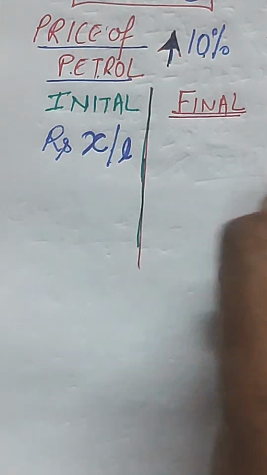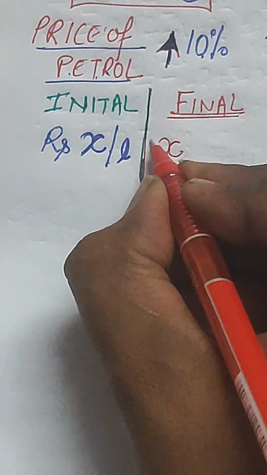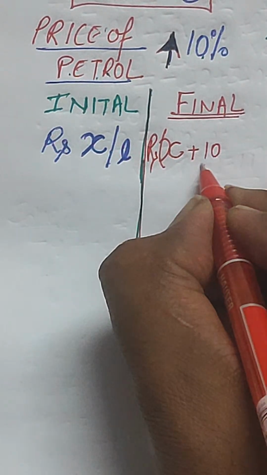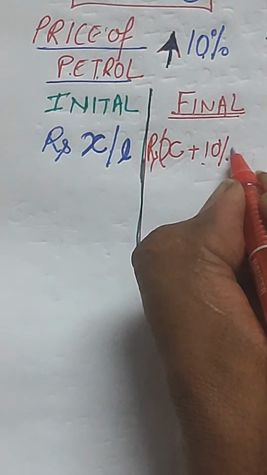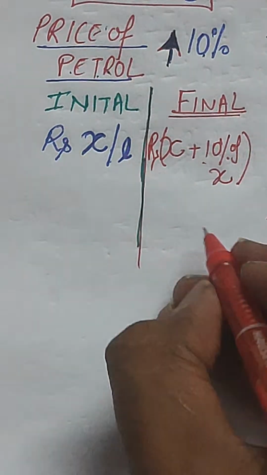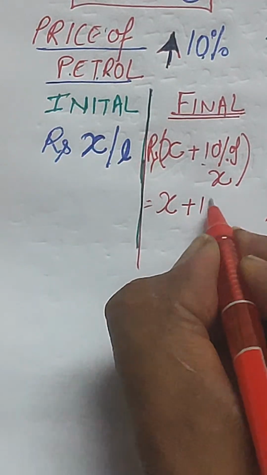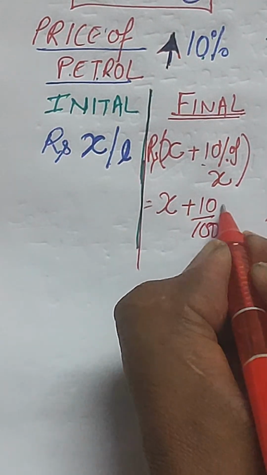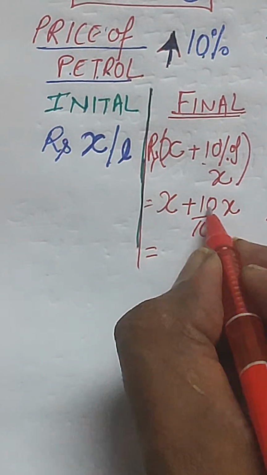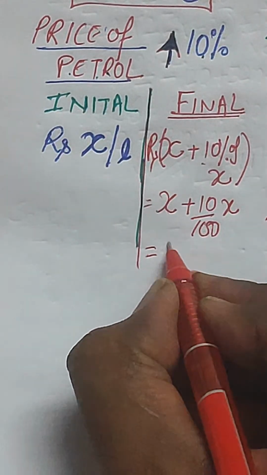The final price will be not only x, but it will be rupees x plus 10% of x, right? So this will give you x plus 10 by 100 x, and 10 by 100 is 0.1, and 1 plus 0.1 will be 1.1.